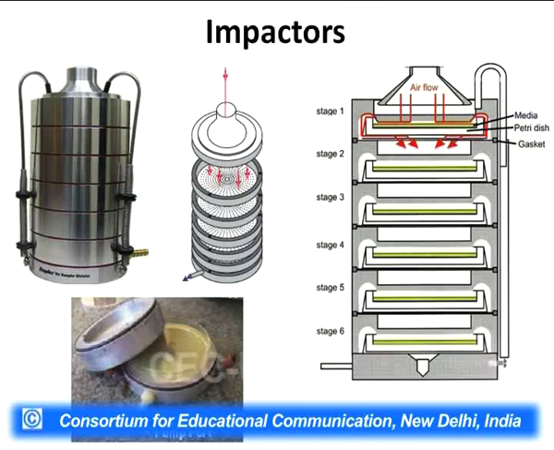In other words, the particles are not deposited uniformly, rather they are deposited in decreasing size order. In stage 1 the particles deposited will be of the coarser size range, the biggest as far as their diameter is concerned, and their diameter keeps on decreasing further and further. The particles at the last stage will be of the smallest diameter. Thus, in this fashion we can get particles of 6 different size ranges.